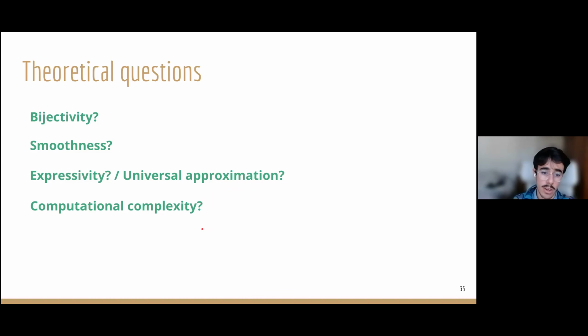And crucially, what is the computational complexity of sampling? What's usually hard is evaluating the density because of the log determinant Jacobian term. So those methods usually trade off expressivity and computational complexity, especially how that scales with the dimensionality of the manifold.